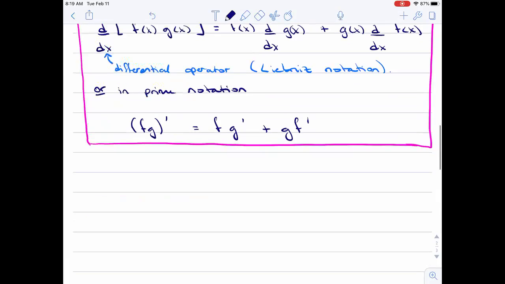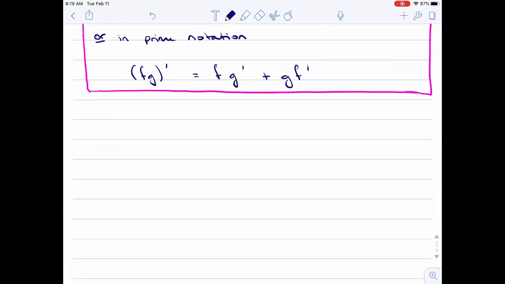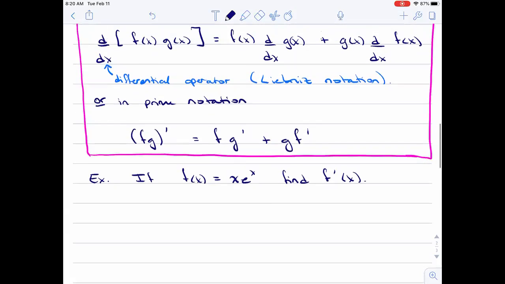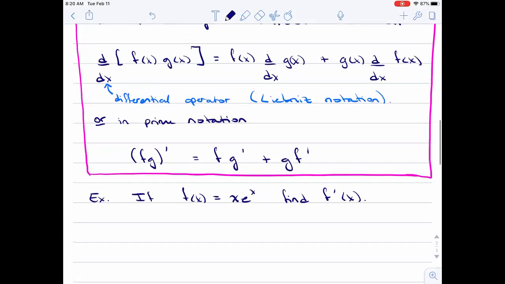Okay, so what does this look like? Why would we even care? If f(x) is x times e to the x, find f'(x). I do want to give you guys a little bit of time to try it and see how it goes.